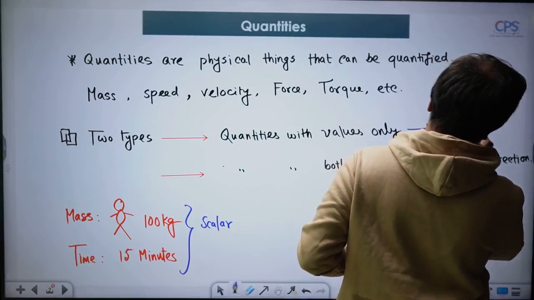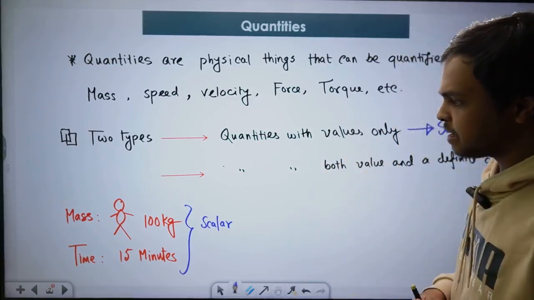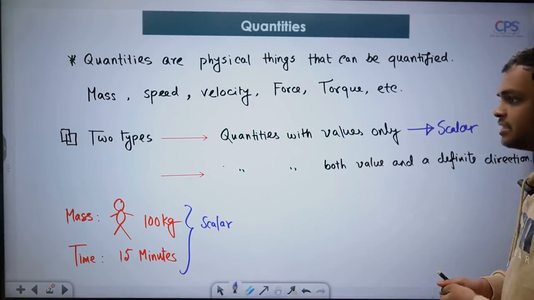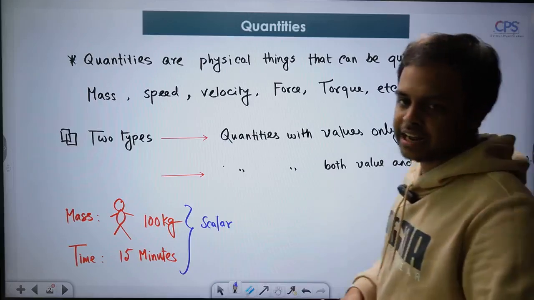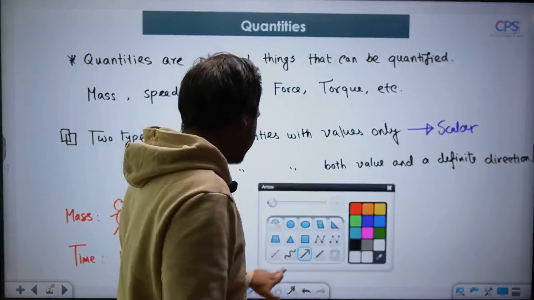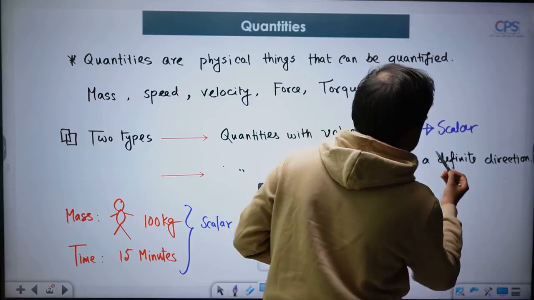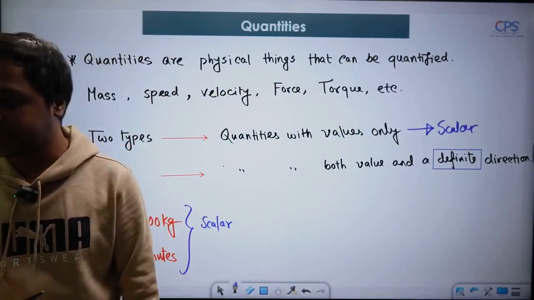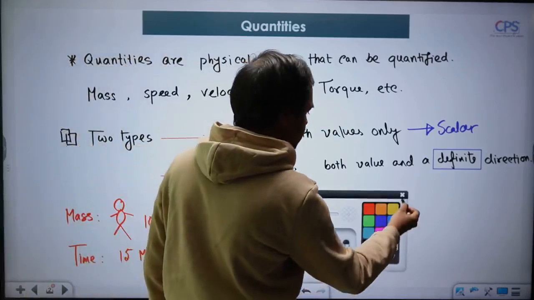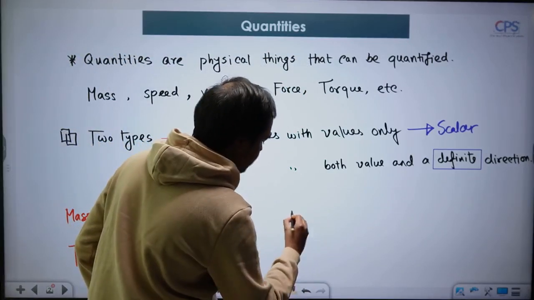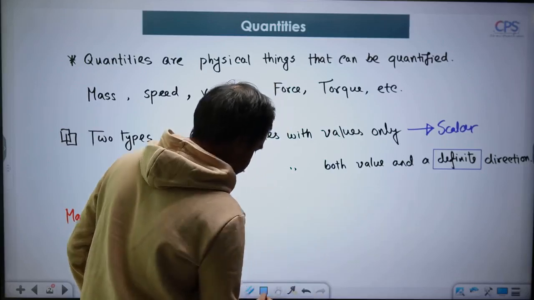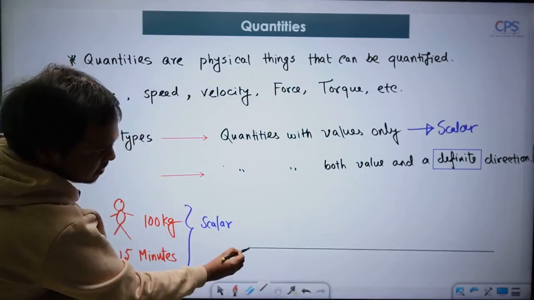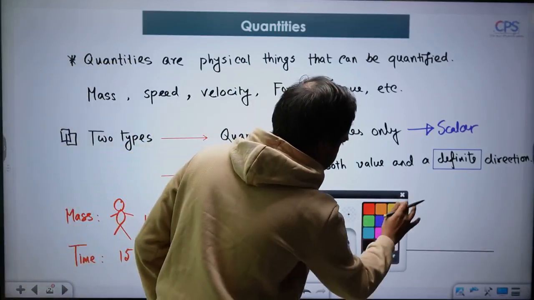Okay? And our topic of interest is the next type of quantities that have both value and a definite direction. This word definite is super important here. I'll clear it up in a few minutes. Why is definite super important? Let's say there is a road, and on this road a car is passing by.